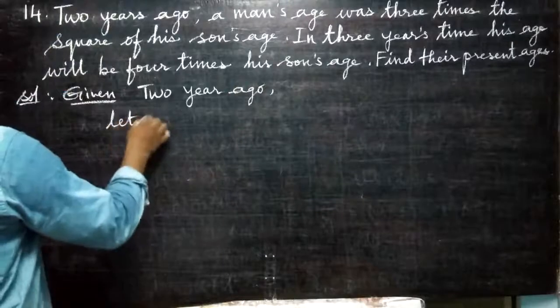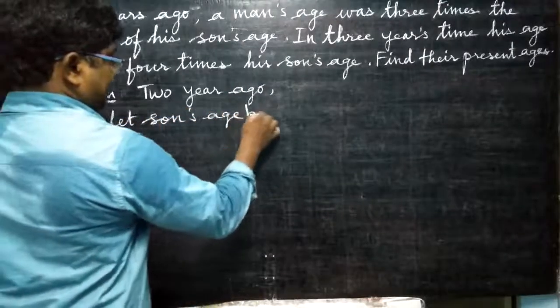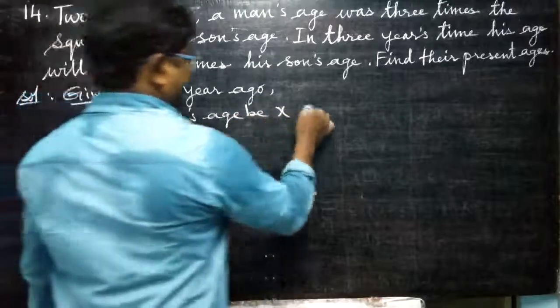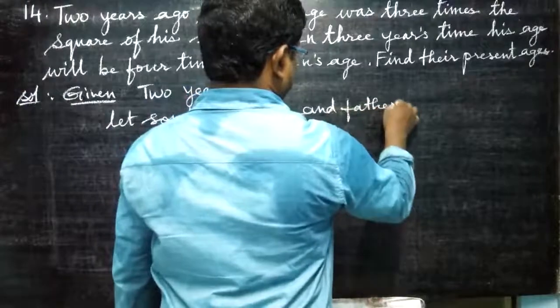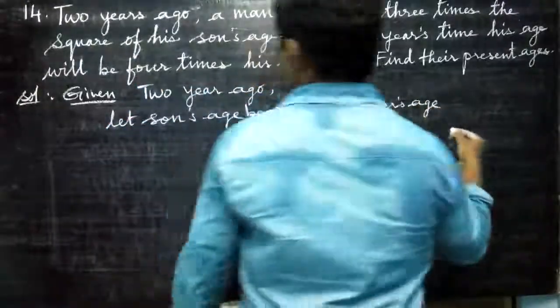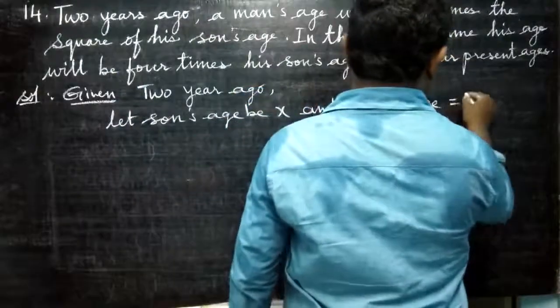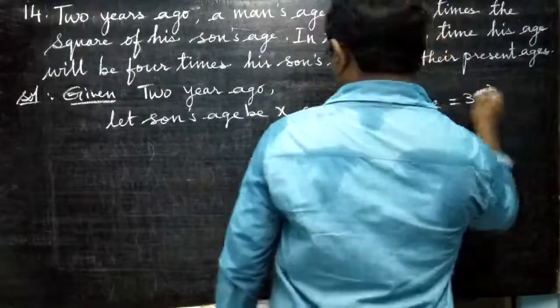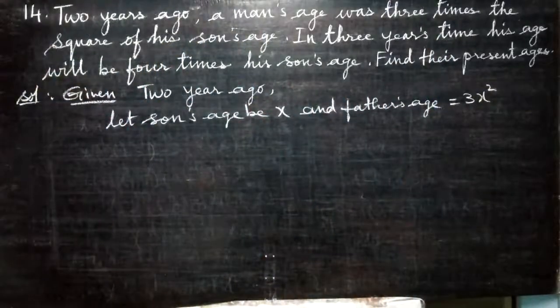Let son's age be x and father's age, they gave 3 times the square, so father's age is equal to 3x square. Son's age is x and father's age is 3x square.